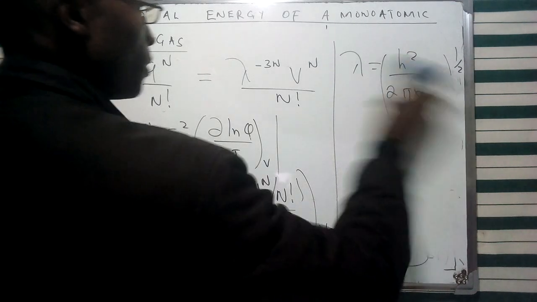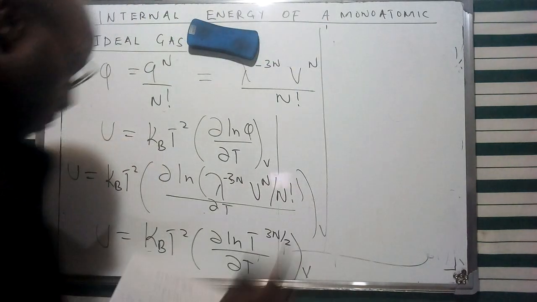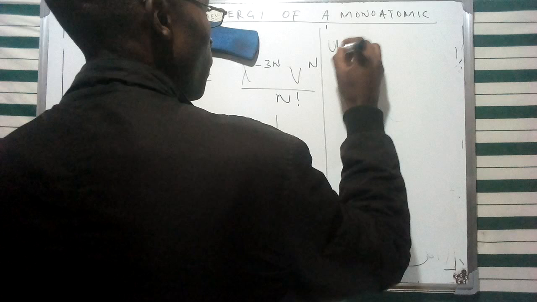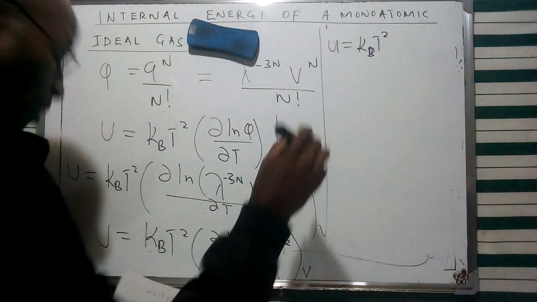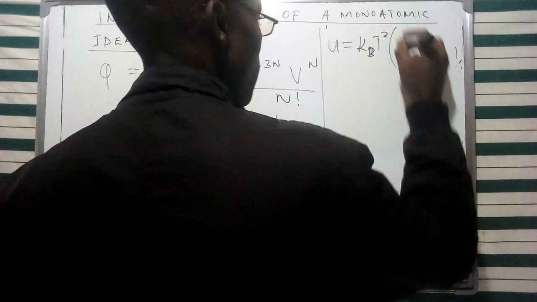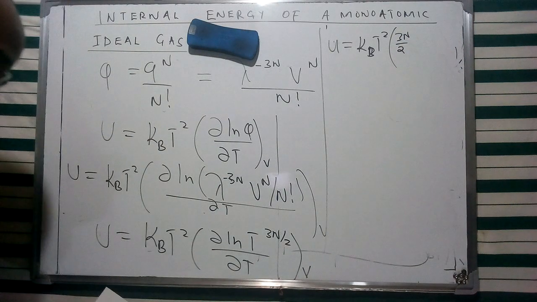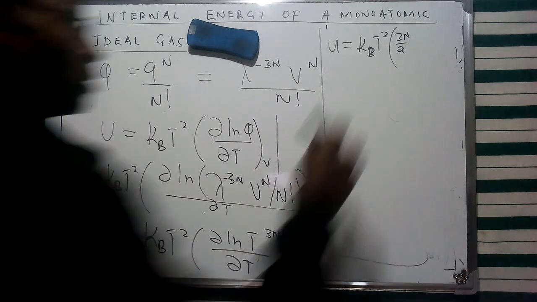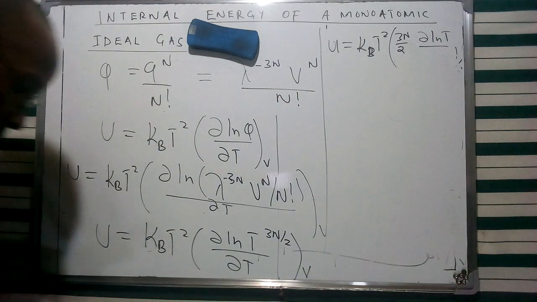Of course, this is going to reduce into a version of the formula given in terms of U equals kB T squared, and we take that exponent 3n over 2, which forms the coefficient of these components in brackets.